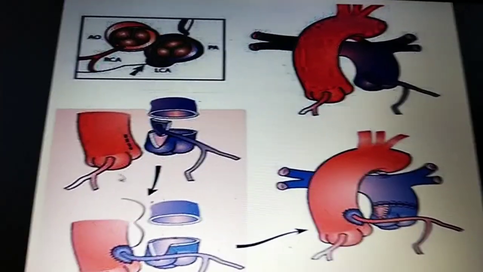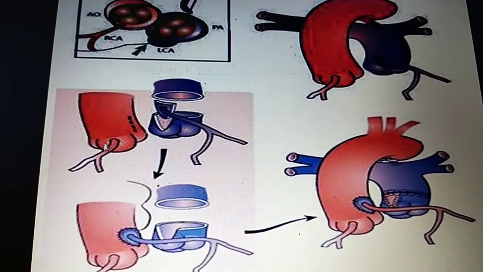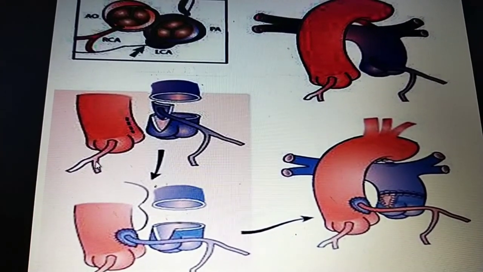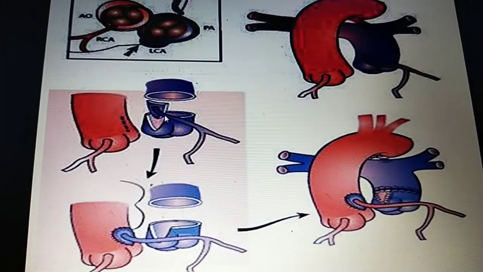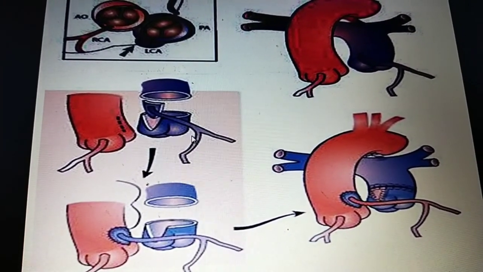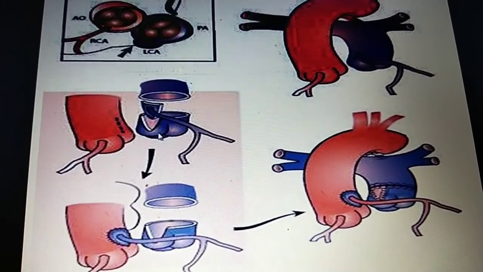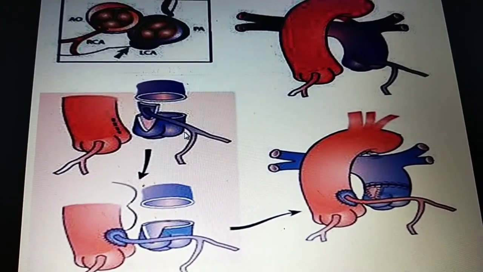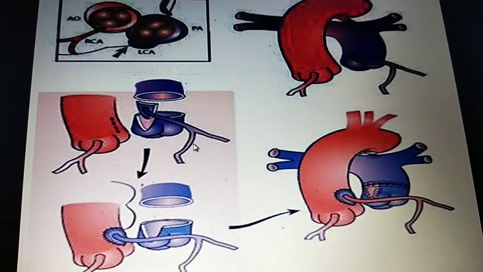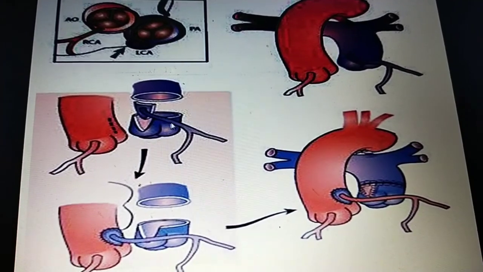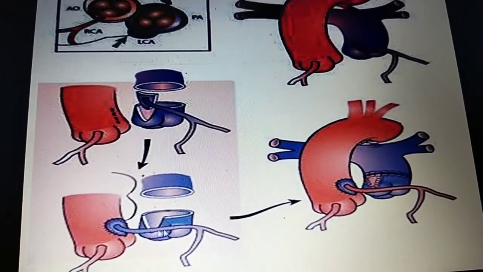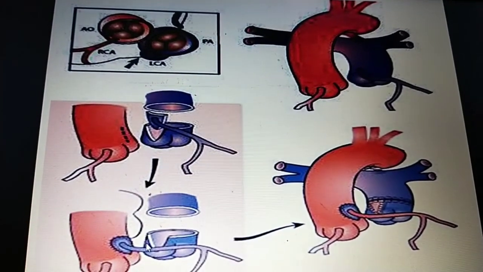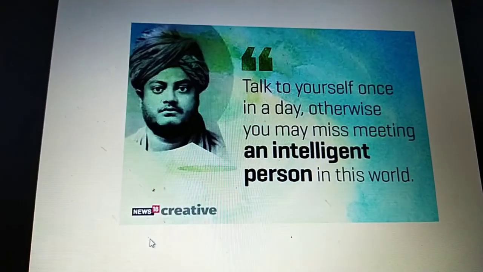And sometimes the right coronary artery arises from the right coronary sinus, but the left coronary artery arises from the pulmonary trunk or root of the pulmonary trunk, or just above the valves of the pulmonary trunk. That's why this artery gives deoxygenated blood to the heart. Okay, this is also one type of anomaly of the pulmonary artery or pulmonary trunk.